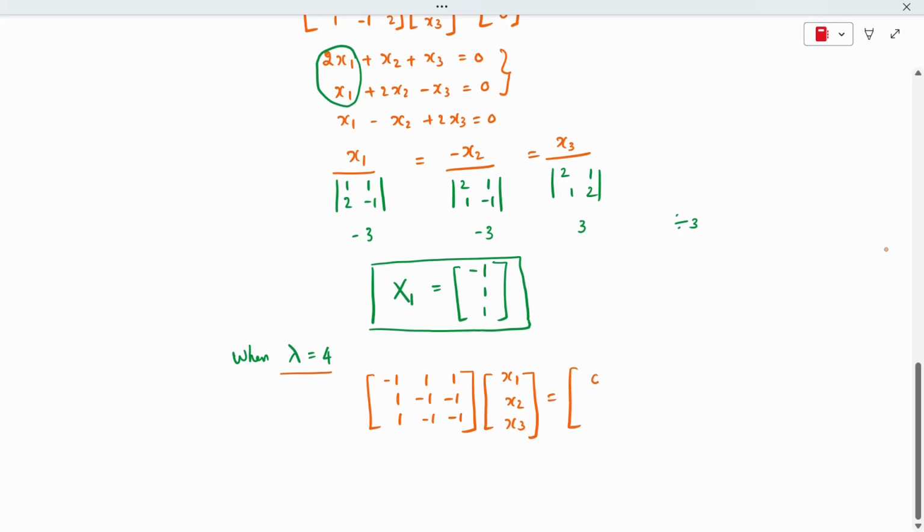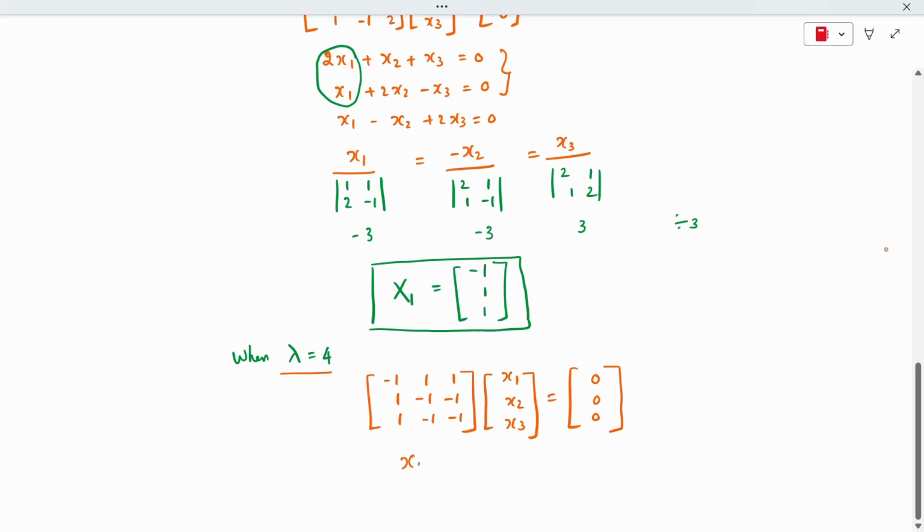Now check the equations. All three equations are the same. These two differ only in the minus symbol; when I divide by minus 1, it is the same as equation 1. So there is only one set of equation.